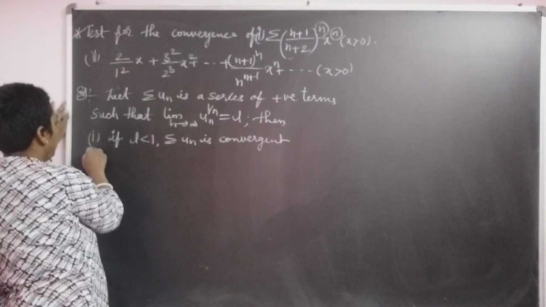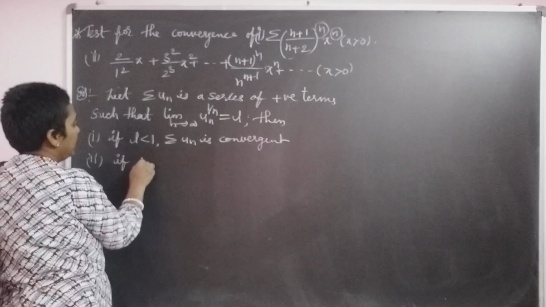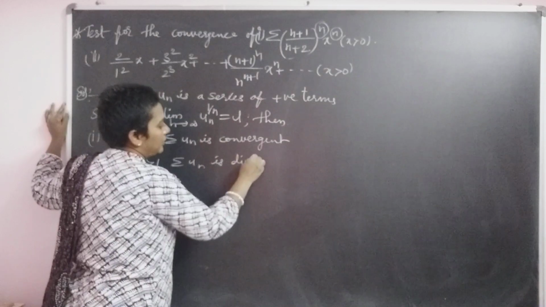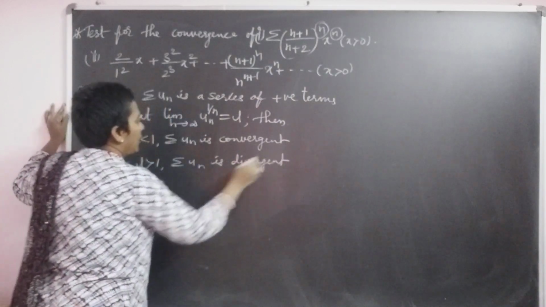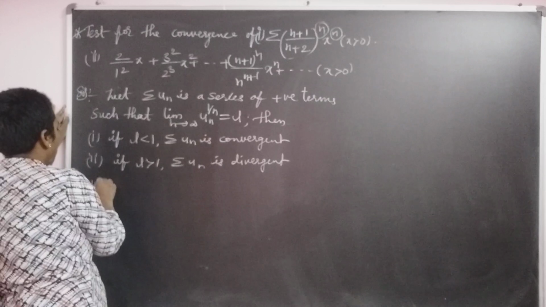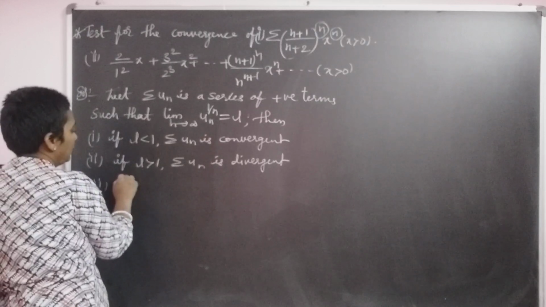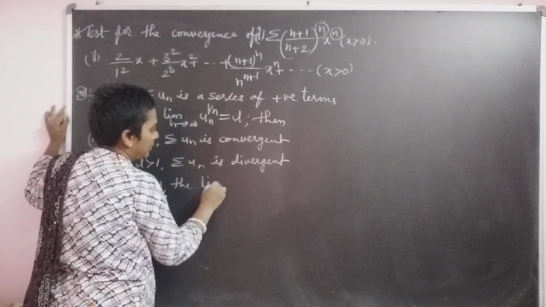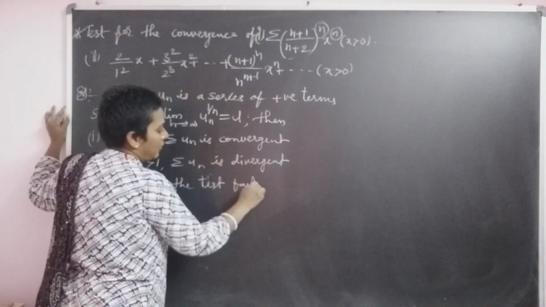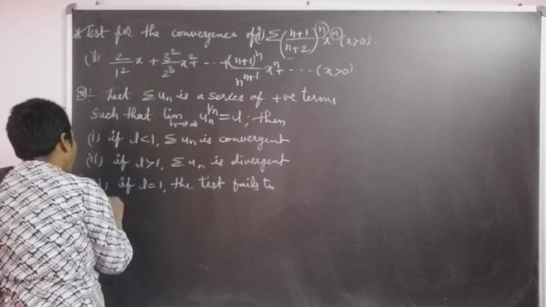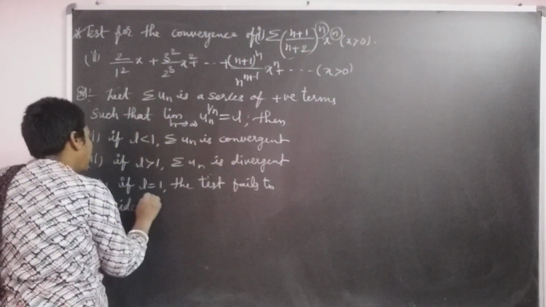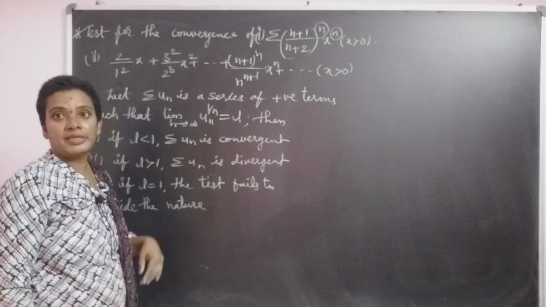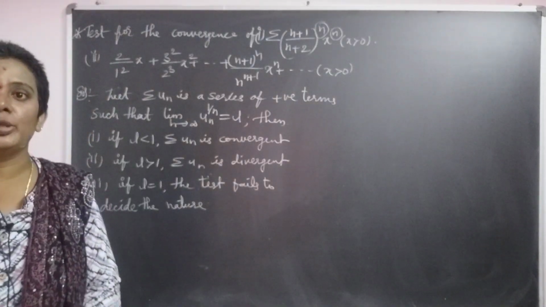If L is greater than 1, then sigma un is divergent. If L equals 1, the test fails to decide the nature of the given series.